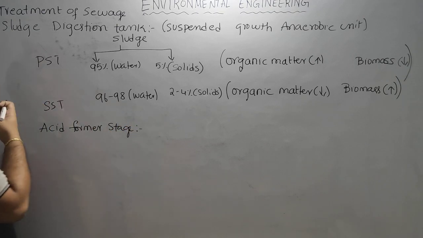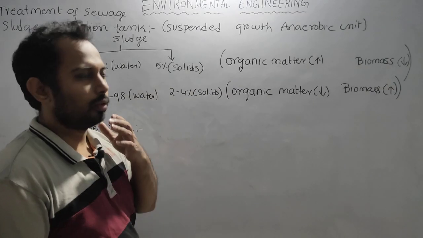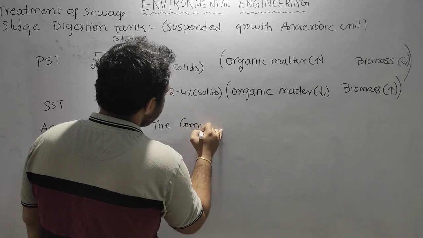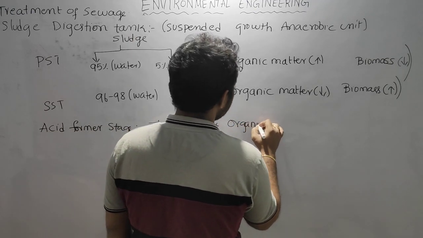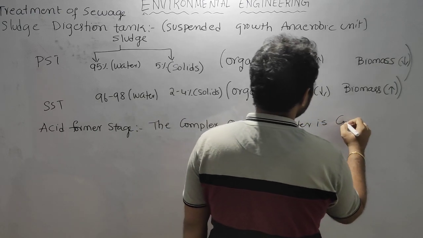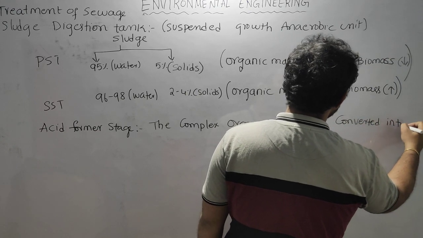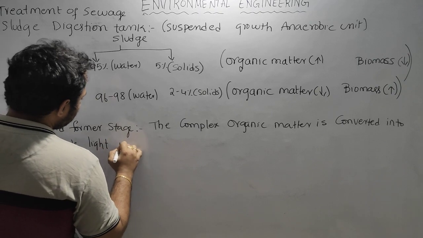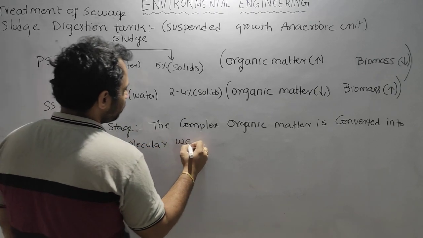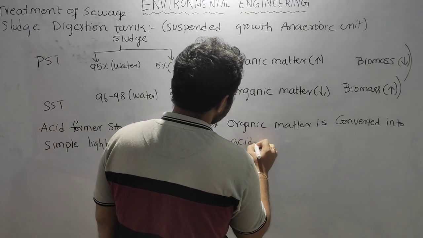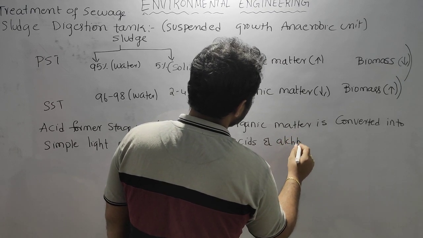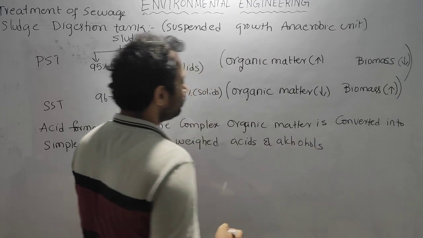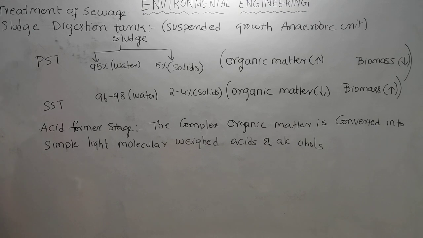In this stage, as I already told you, acid forming bacteria will convert all the complex organic matter into simple, light molecular weight compounds. It will convert the complex organic matter into light weight acids and alcohols.